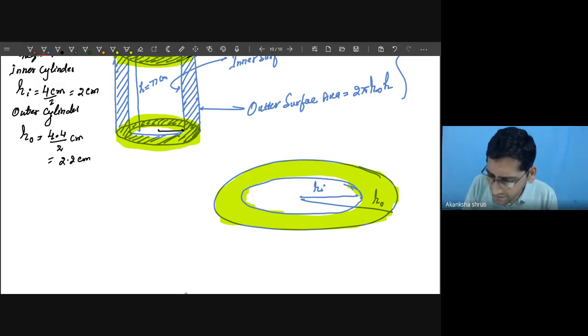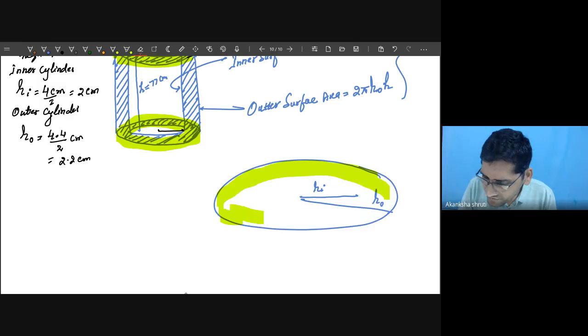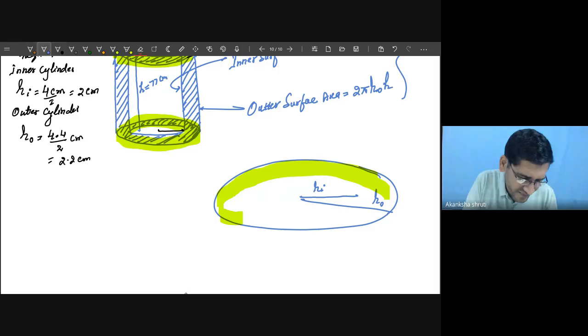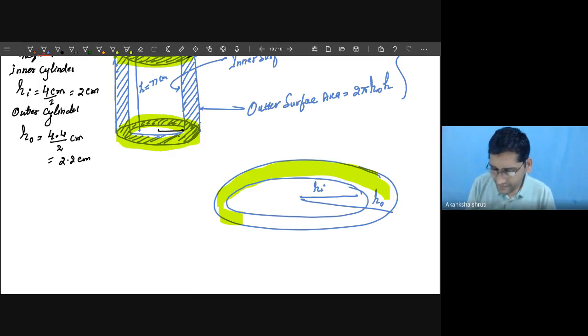Students, here we have to be careful. The required area is only this much yellow. It is only this much.